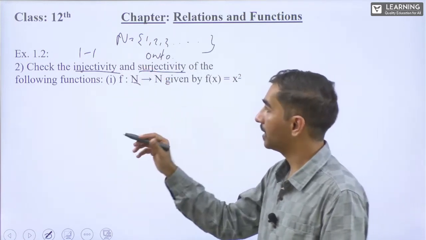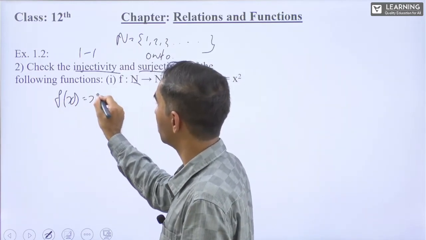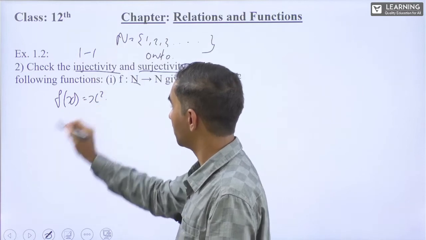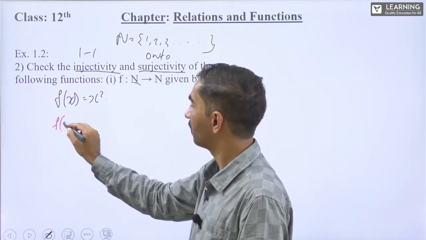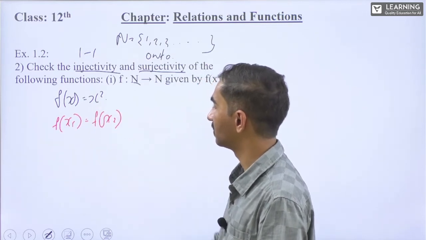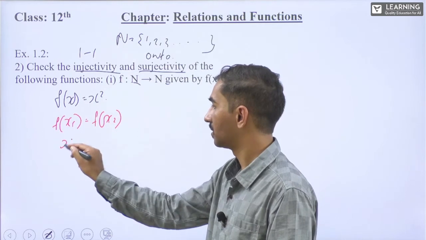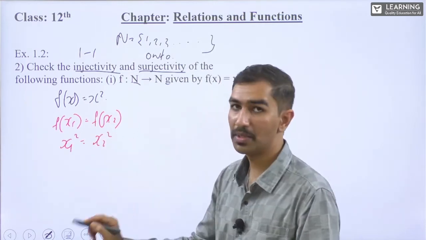Let us take f of x is equal to x square. This is what is given to us. To check the injectivity, what will we do here? We will take f of x1 equals f of x2. What is f of x1? x1 square. What is f of x2? x2 square. Very simple, students.